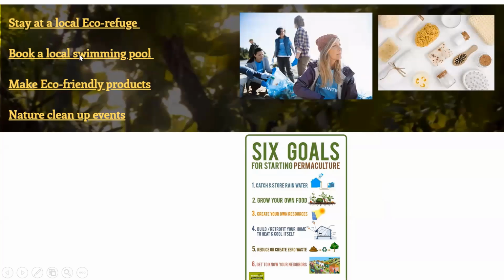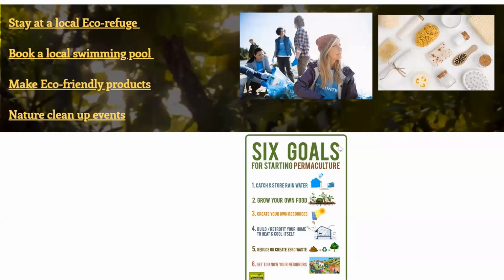They can book a local swimming pool, and that swimming pool could be a way for people to make money. The owners of that swimming pool could use it as a place for people to go and just find a way to have fun, make eco-friendly products at home, or it could be like a small business where people can make money out of it, and they can have nature cleanup events.